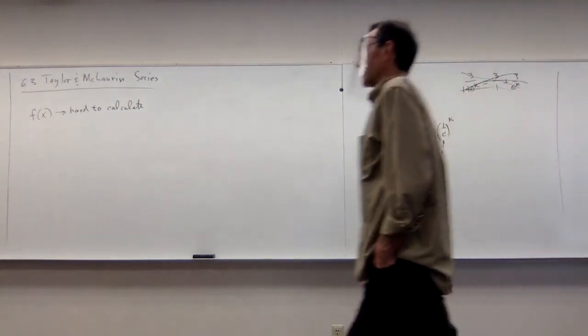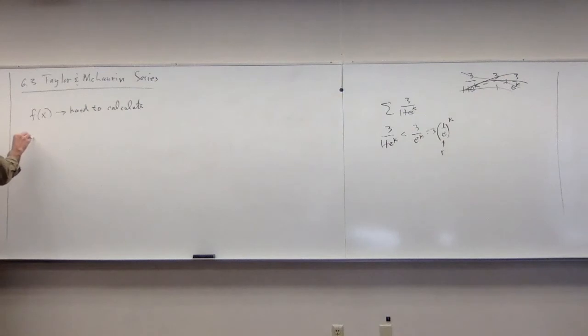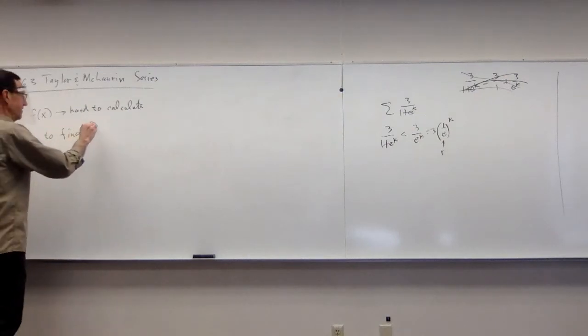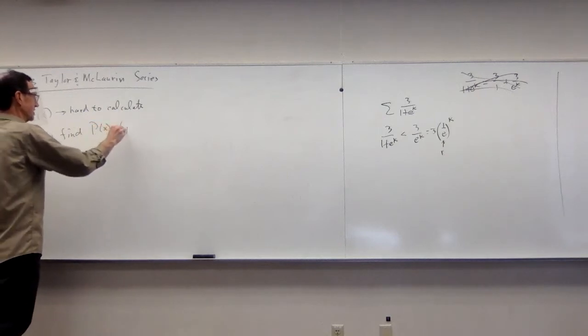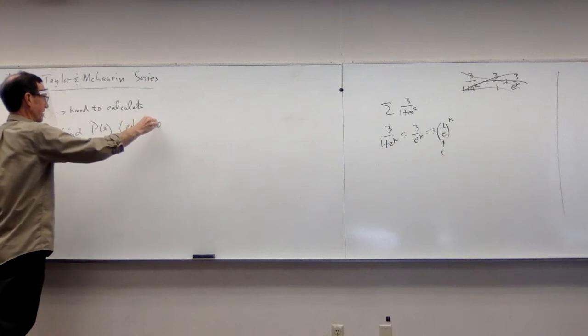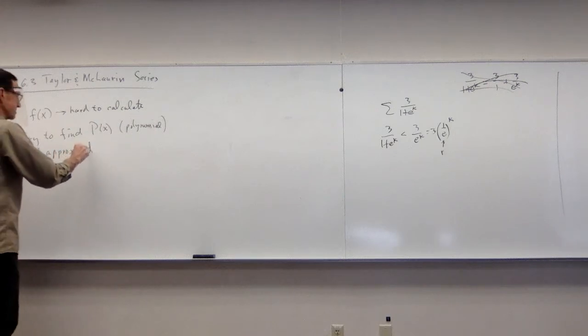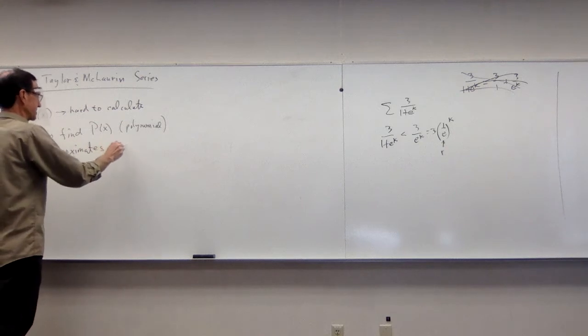And so what we're going to do is we're going to try to find a polynomial. I'm going to call it p of x. And I'll identify p as a polynomial, and then we'll just use it that way. That approximates f of x.